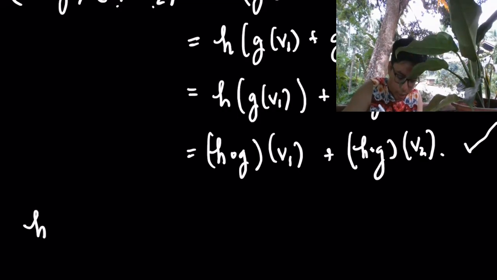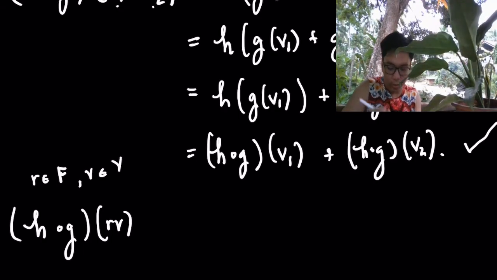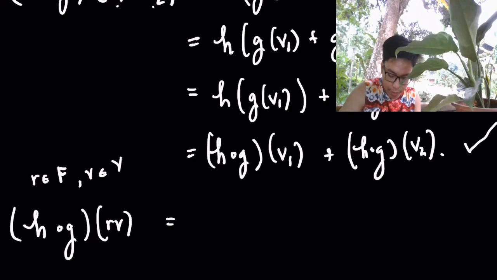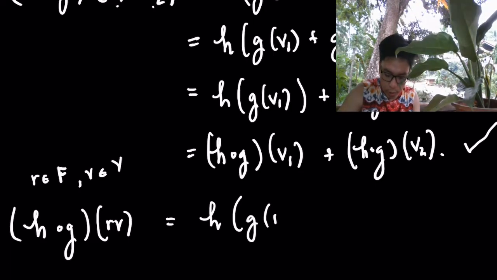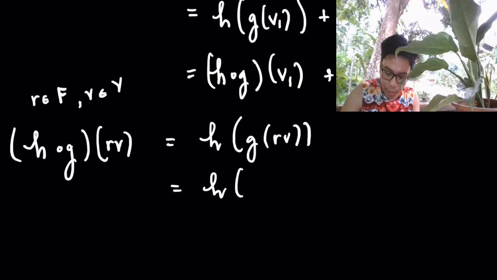Now let's double check the other. Let's say h of g of rv. So your r here is a scalar and your v is a vector. And since g here is a linear transformation, I would have this one here.